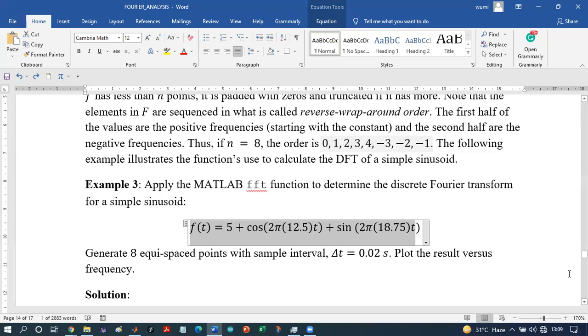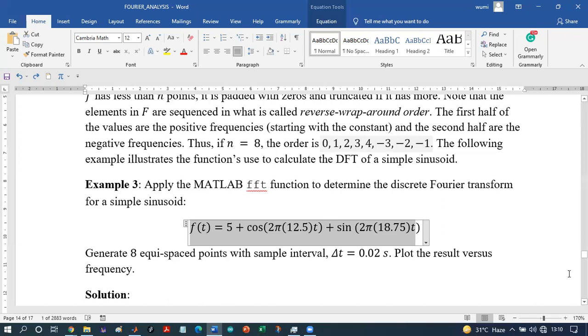So for F of 0, it's a summation. The summation is given by f of J, e to the minus I, K omega naught J. Remember that I said omega naught is equal to 2 pi over n.